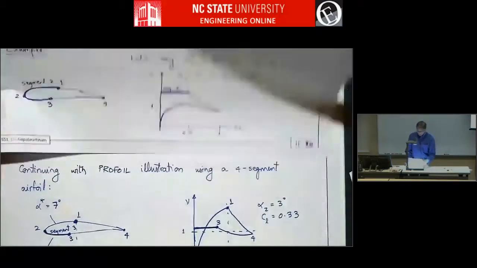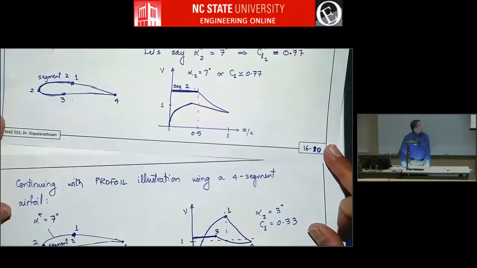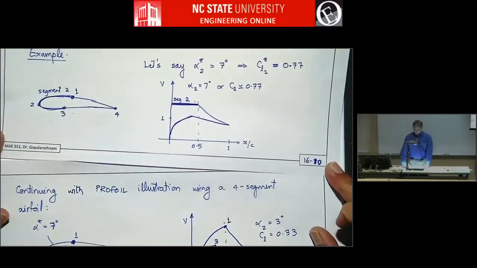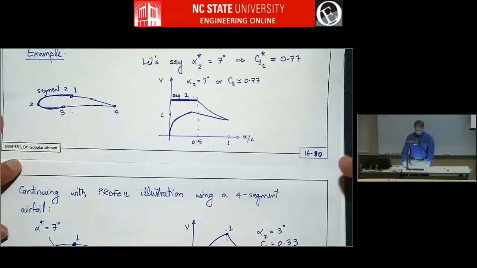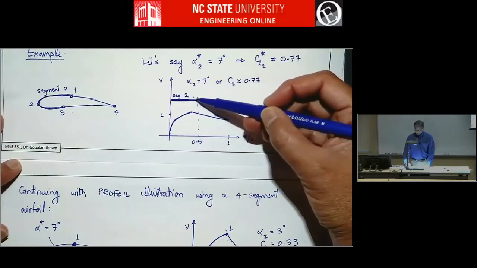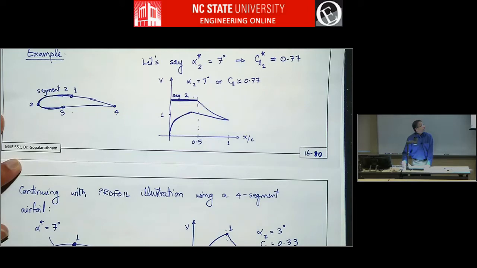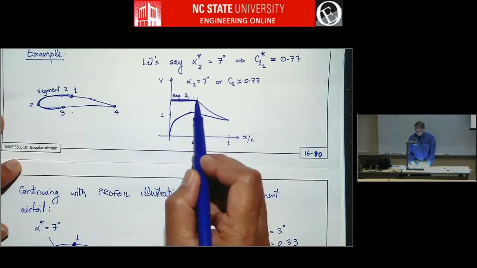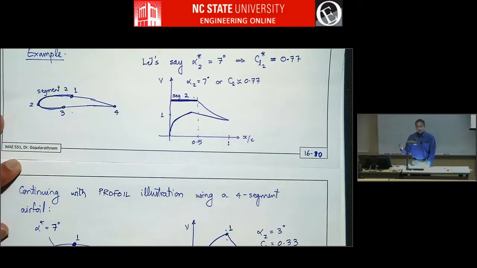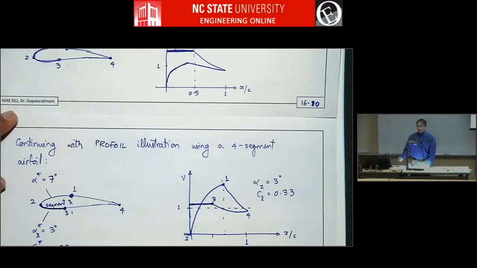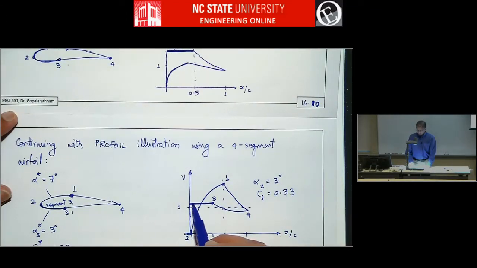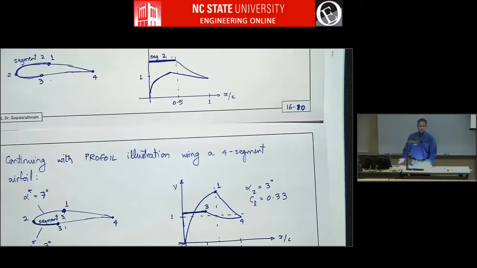You can say, I want this airfoil to have segment number 2 of alpha star of 7. That means at 7 degrees absolute angle of attack, that will have a flat velocity distribution. Simultaneously, at an alpha z of 3 degrees, I want the lower surface segment 3 to have a flat velocity distribution, and I want both of these, right?